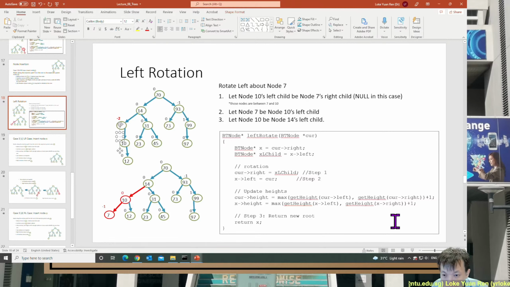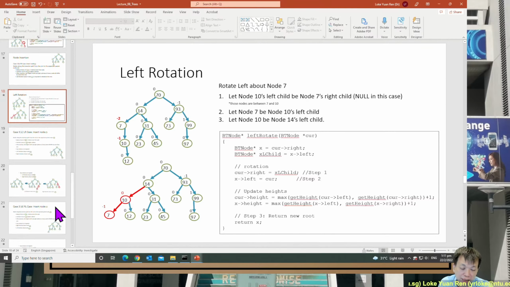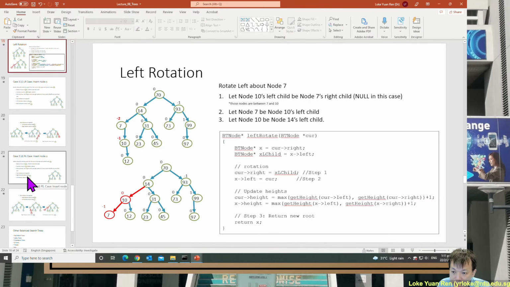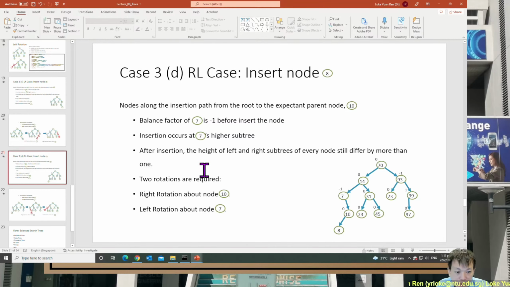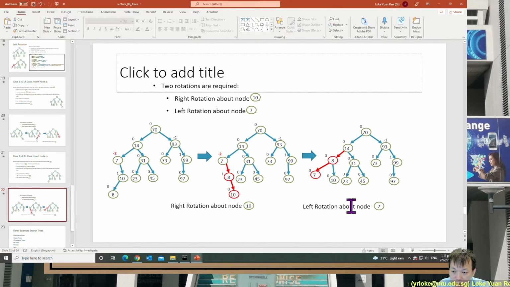I think this one should be -1 after insertion, right? But still okay, -1. Yeah, it will be from 0 to -1 after insertion. Then this is RR. Then the last one, after insertion, it will become 1.